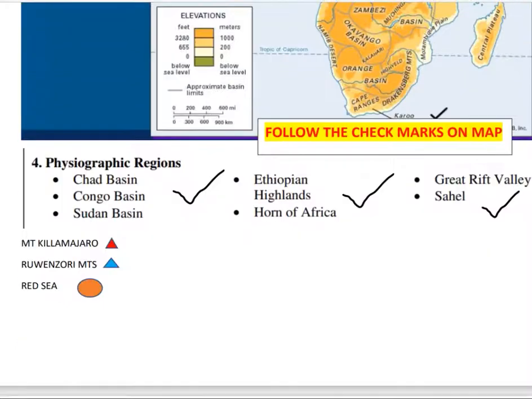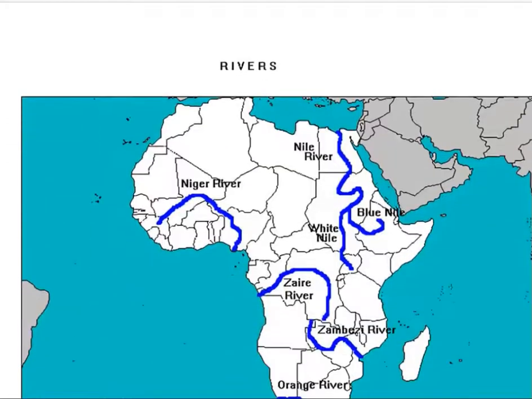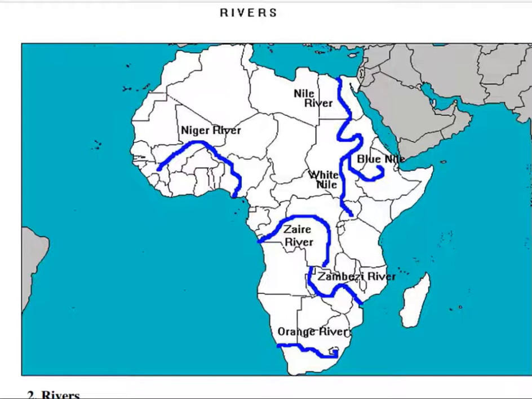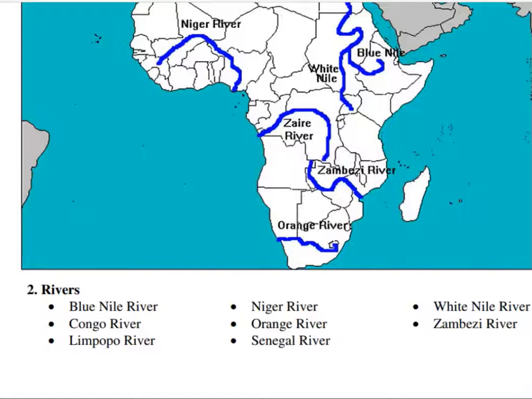Okay, so then we go down to the next page, which is the rivers. Now there are 2 rivers missing. The Congo River, which if you look at the map of the Congo, and I won't show it to you right now, you'll find it's right in here. I don't know how I blew that one, but I did. In addition to that, all the rivers that you're required to know are right here.